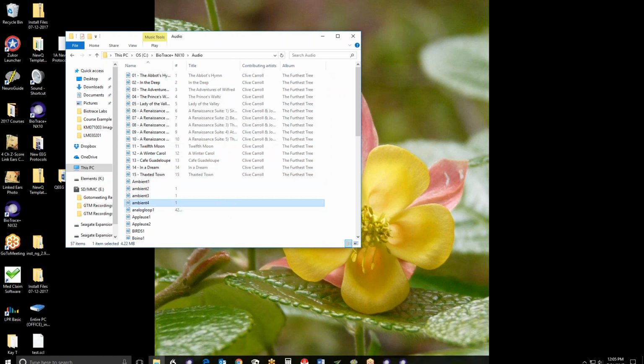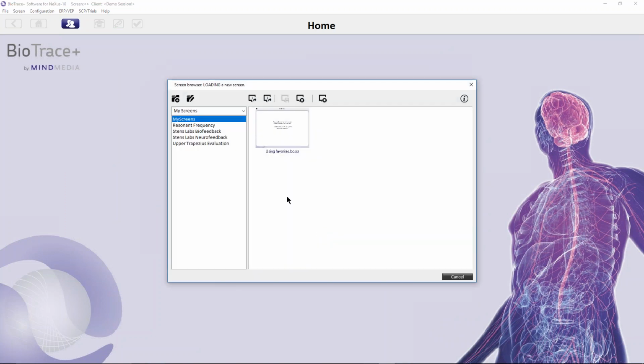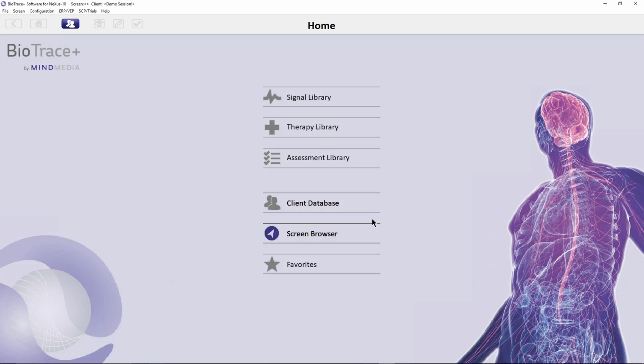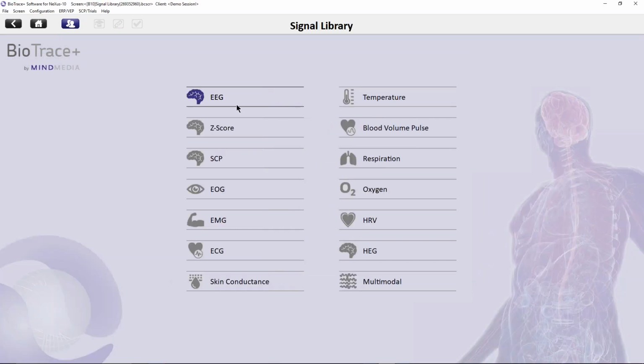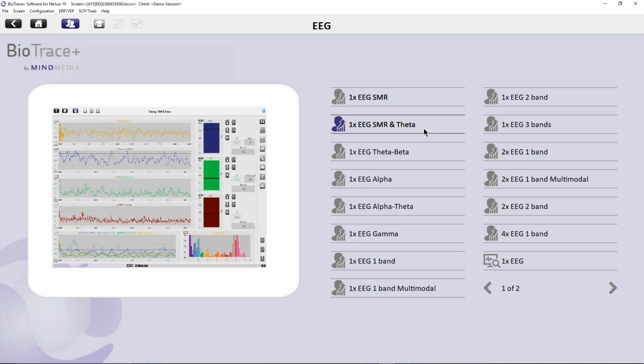Now, when I open BioTrace, hopefully this is the right folder. Actually, let's go to a signal library.